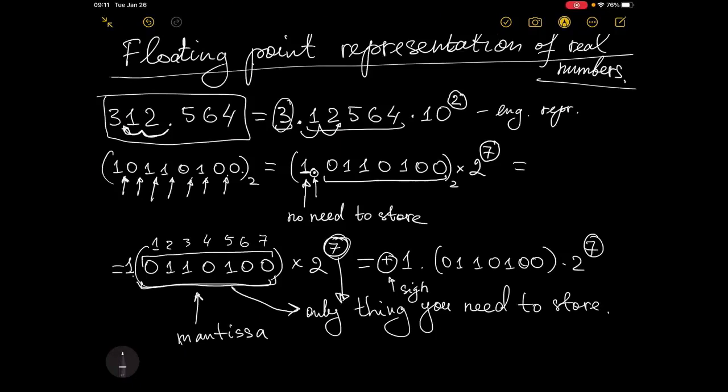Then in order to store the number 7, how many bits do we need? What is 7 in binary representation? It's 1, 1, 1.